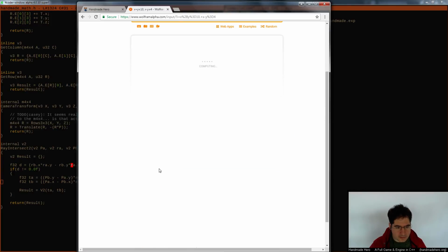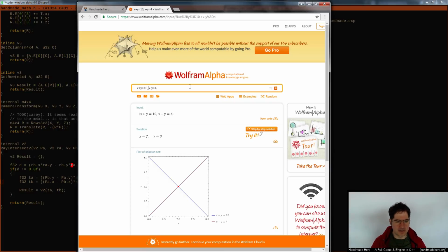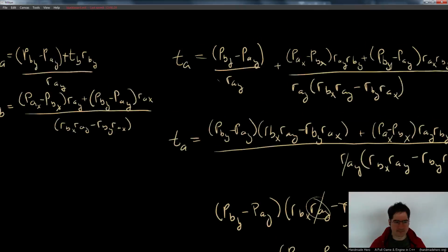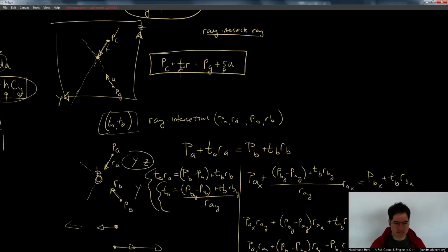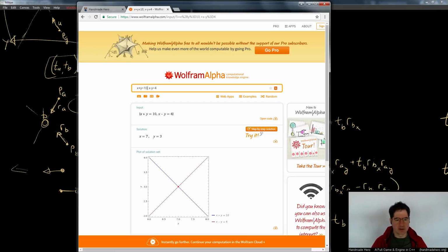So here's an example. Apparently, we can just do the two equations separated by a comma. In this case, we know what those two equations are, right? This is what we want. So in this case, we have PAX plus TA.